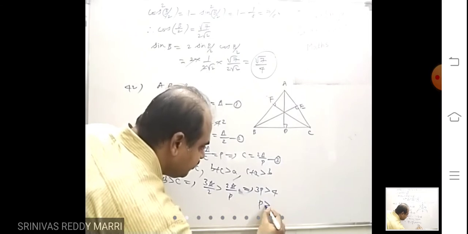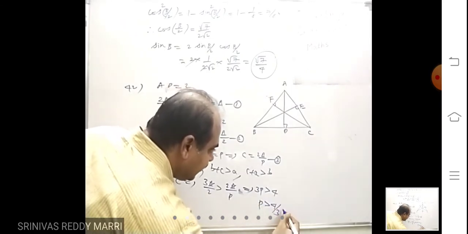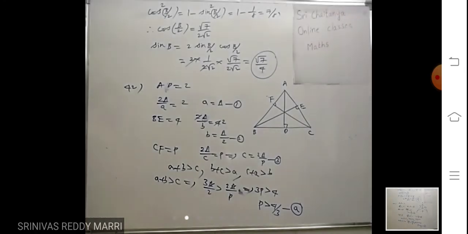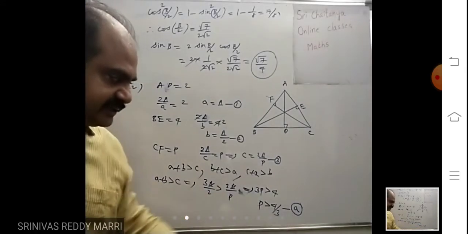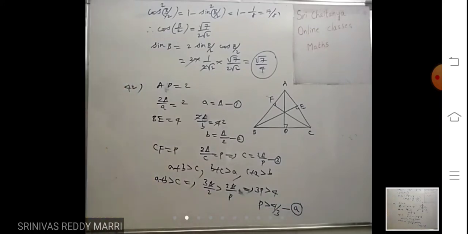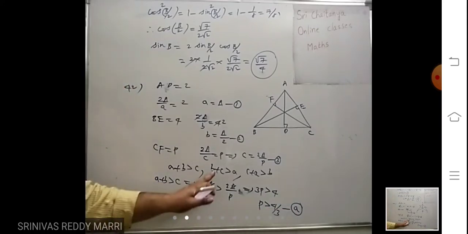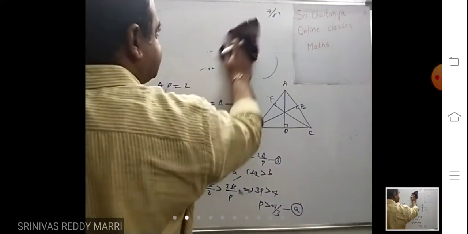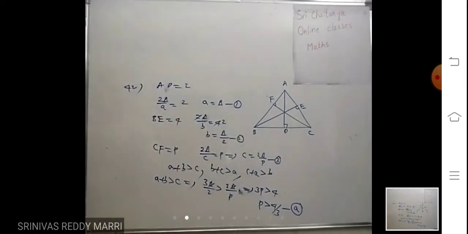That means P is greater than 4 by 3. Let us say this is equation A. Now these two must also be satisfied. Now write B plus C greater than A.